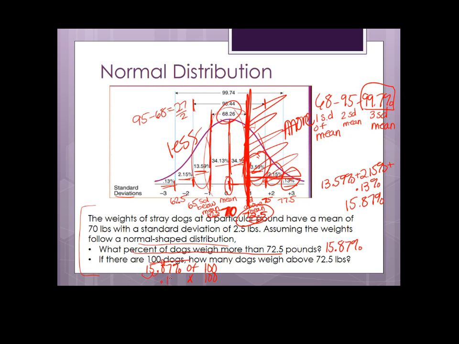So 0.1587 times 100, well, that actually comes out to 15.87. You can't have 0.87 dogs, so we'll say 16. So 16 dogs weigh above 72.5 pounds in a set of 100 dogs. Now, if they had said, like, if there are 200 dogs, how many dogs weigh above, then you take 15.87% times 200.